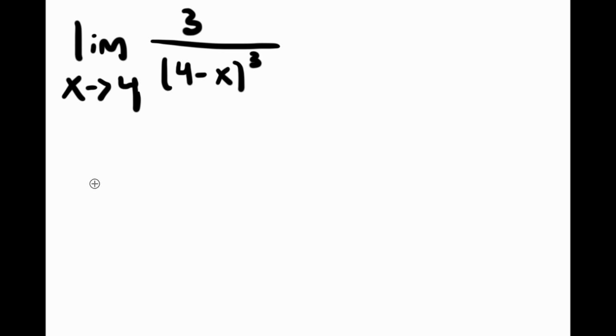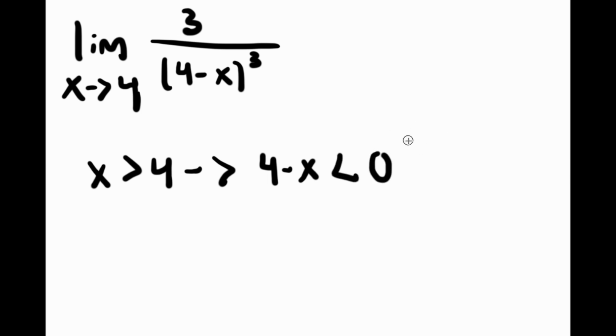For the right-handed side, we could just say x is greater than 4. Remember, if it's the right-handed side, just denote that it's positive. So x must be greater than 4. We could turn that into 4 minus x is less than 0, which we can then change into 4 minus x to the third is less than 0.